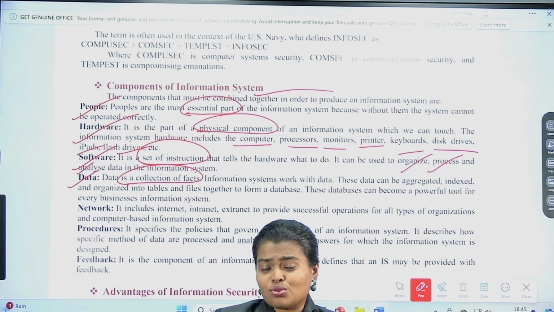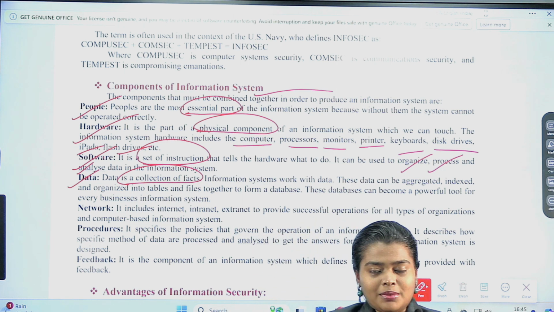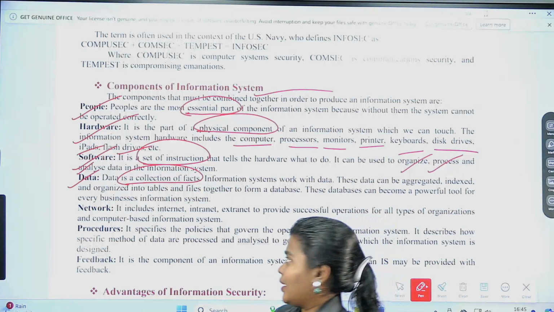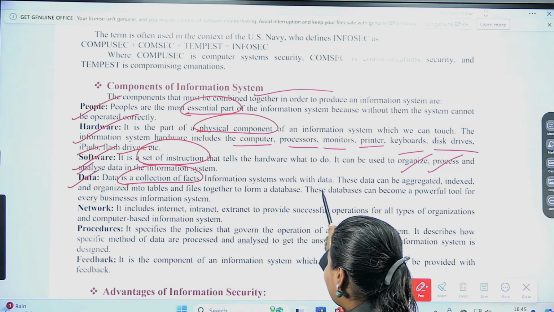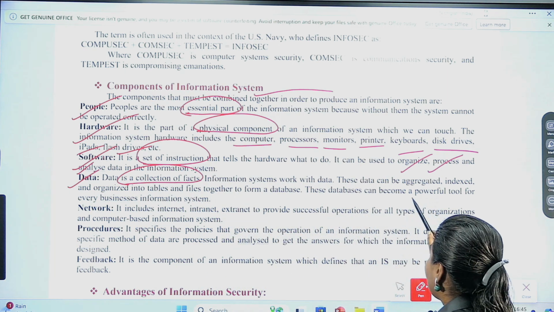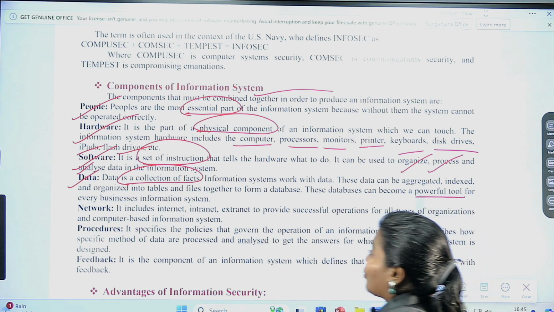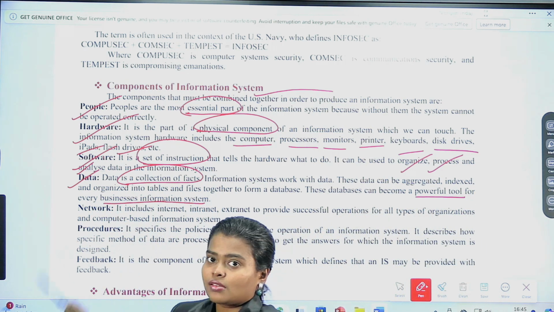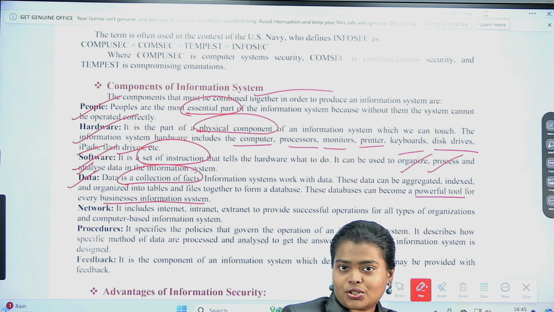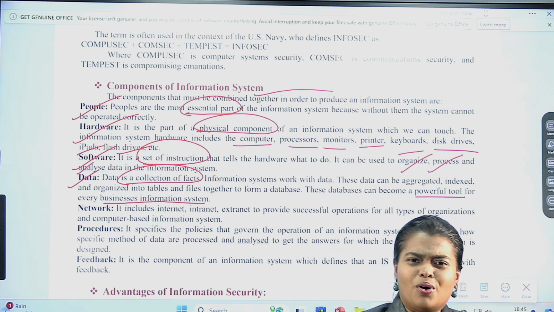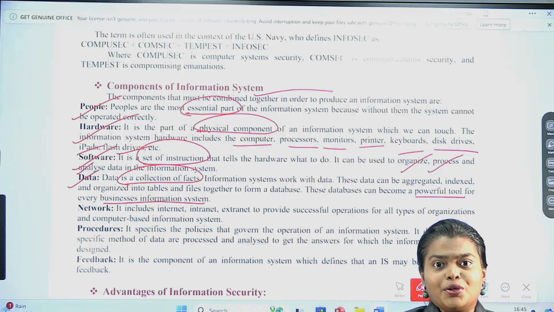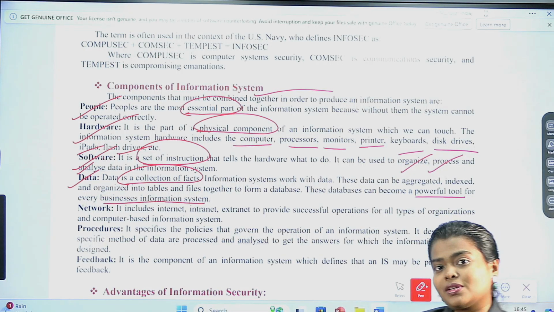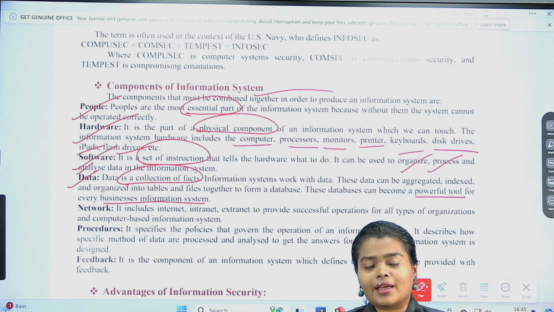We store our data in tables and files in an organized way to form a database, and this database can become a powerful tool for every business information system. All organizations and businesses, small or large scale, use databases to store their information in an organized way.